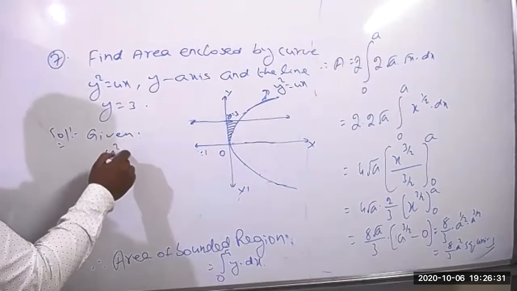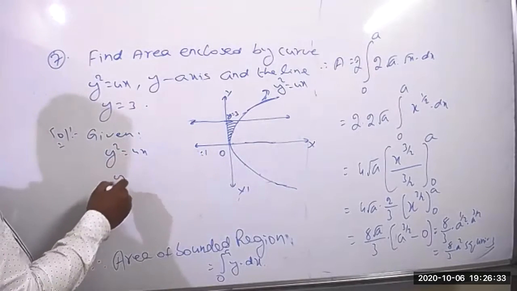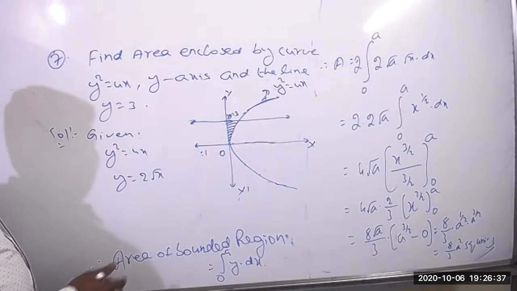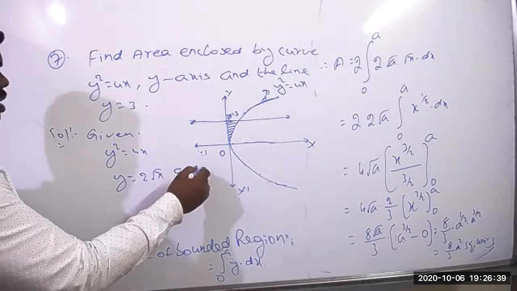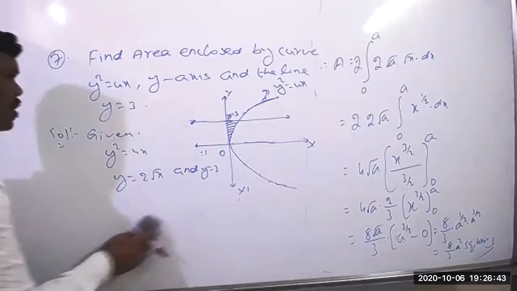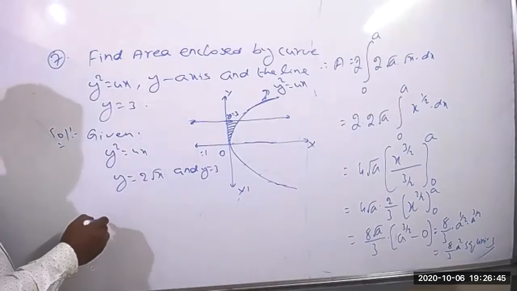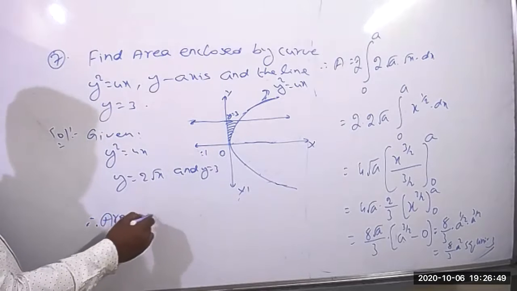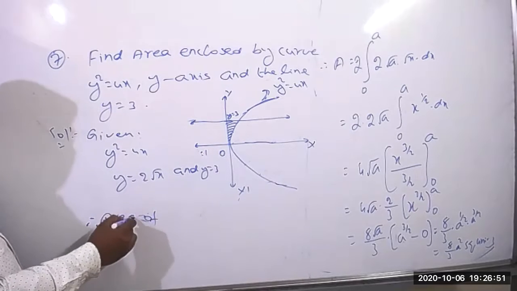So given y square equal to 4x, the value of y equal to 2 root x, and y equal to 3 also they gave. Now find the area of the bounded region.